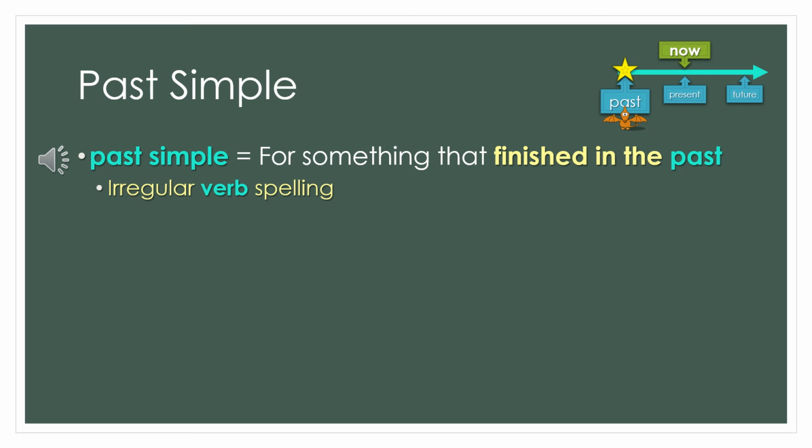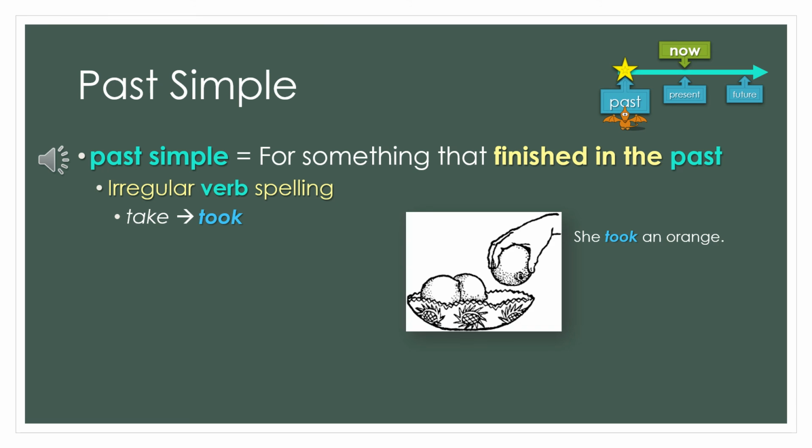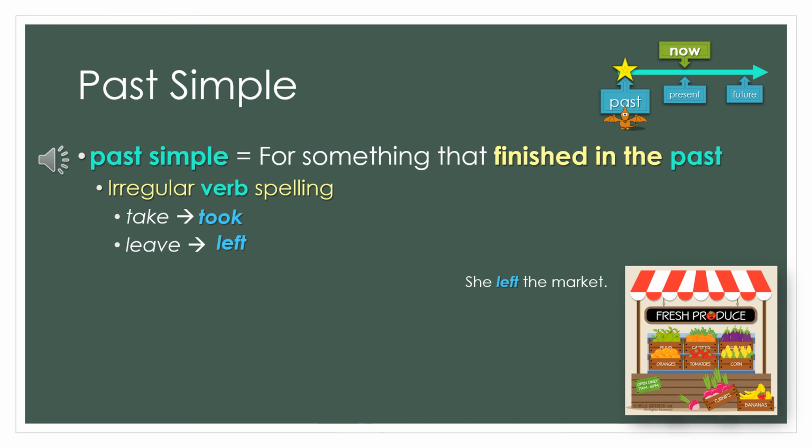And remember, for irregular verbs in the past simple, they will not follow the regular verb pattern. They will be spelled differently. For example, took, left, thought.